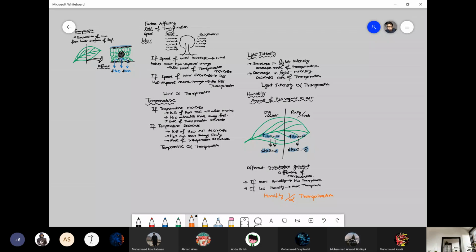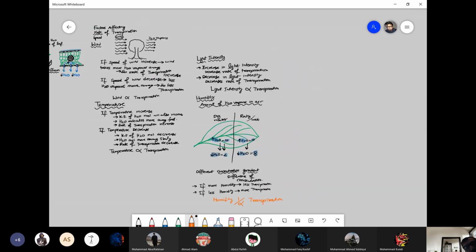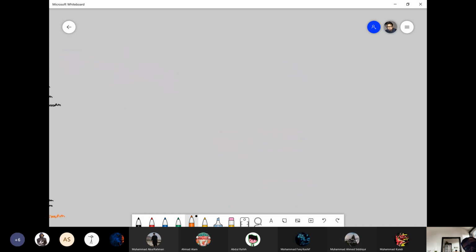Now, the next thing we are going to discuss is how can we find out whether the transpiration is happening faster or slower? For that purpose, there is an apparatus, and the name of that apparatus is the potometer.